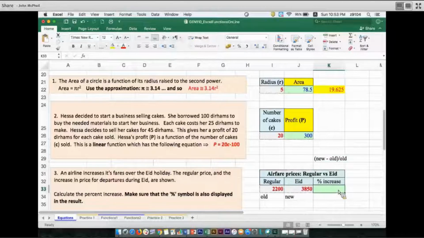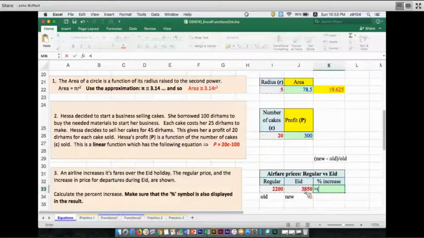Now, we really see how clicking on the data helps here. Don't forget you need brackets. New, click. Minus, old, I click on the data, bracket. Then divide, and I click on the old number again. New minus old divided by old. Clicking on the data makes things so much easier. I don't have to worry about making a mistake in copying the numbers.